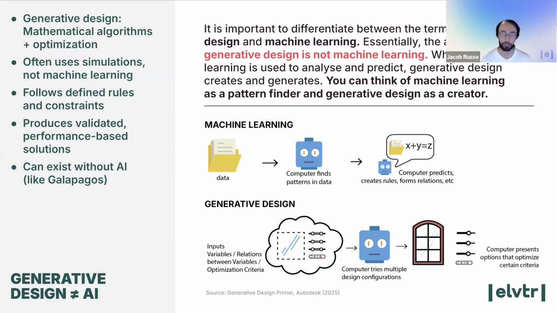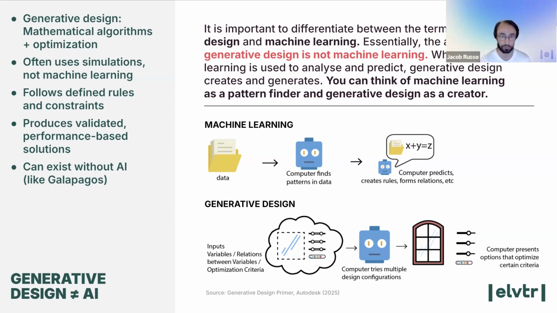It follows defined rules and constraints, produces validated performance-based solutions, and can exist without AI, just like Galapagos, which is quite a simple example. But we'll see that we can also enhance the analytical aspects of our generative design workflows with AI tools.